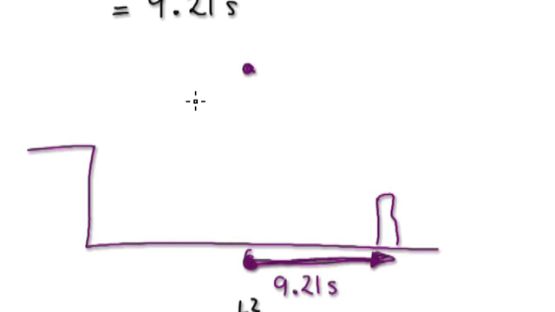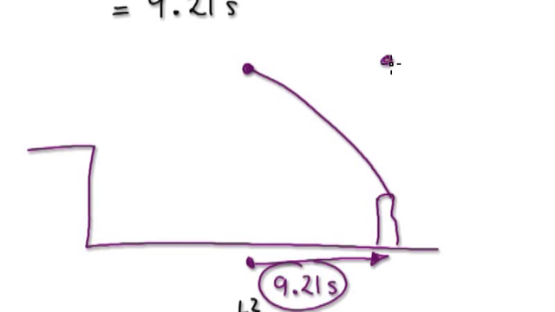So hang on, let me think. Yeah, so you are going to free fall for 9.21 seconds. If you're going to free fall for this amount of time, how far would you have traveled? Remember, you're free falling for 9.21 seconds.